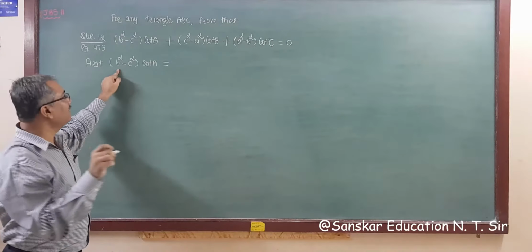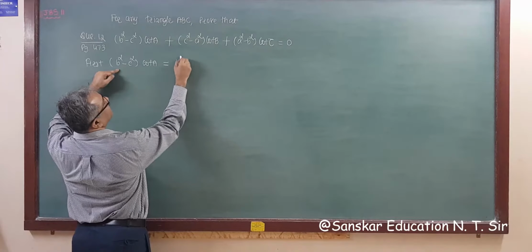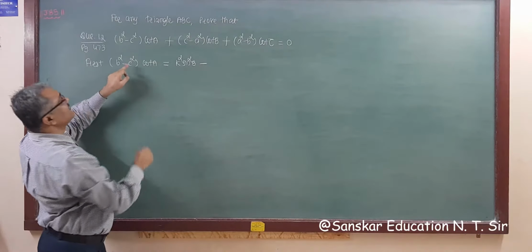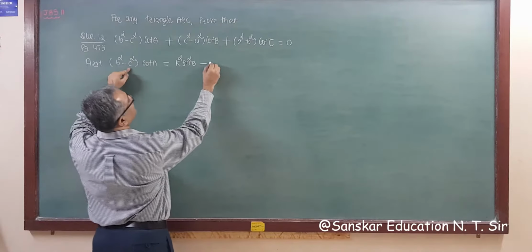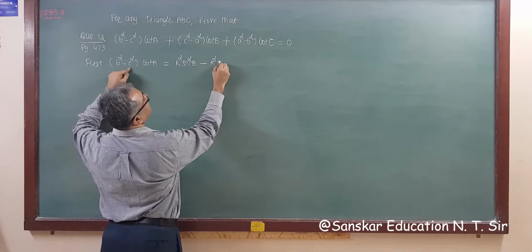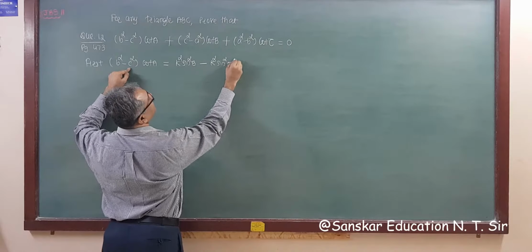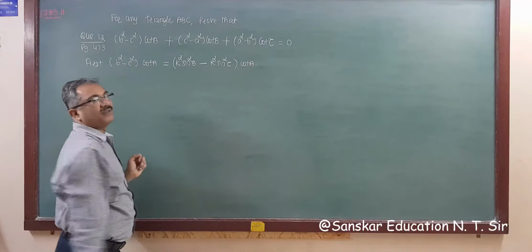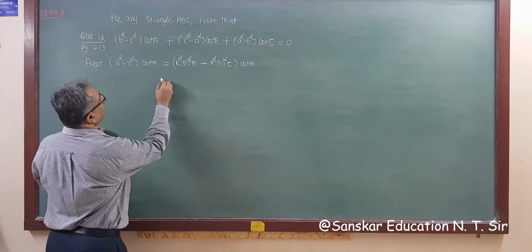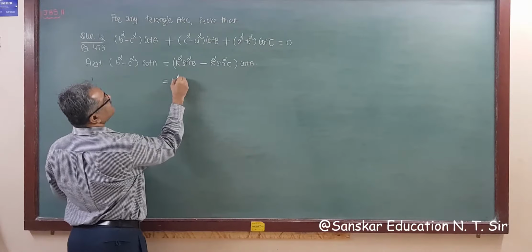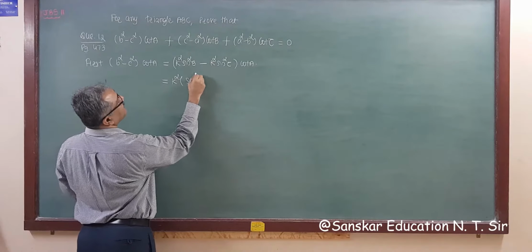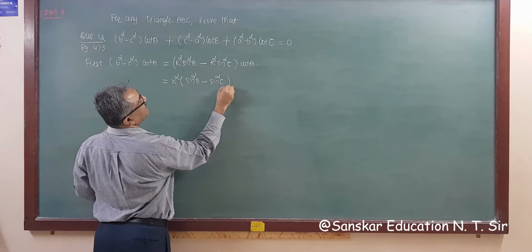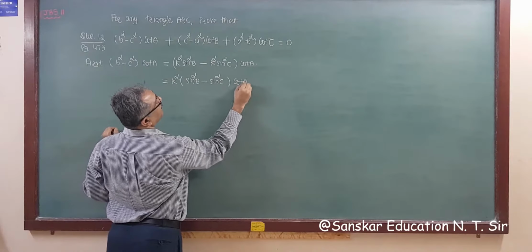So this is k square sine square B minus c square is k square sine square C, and cot A as it is. Now taking k square common, what we get? This is k square and we get sine square B minus sine square C into cot A.